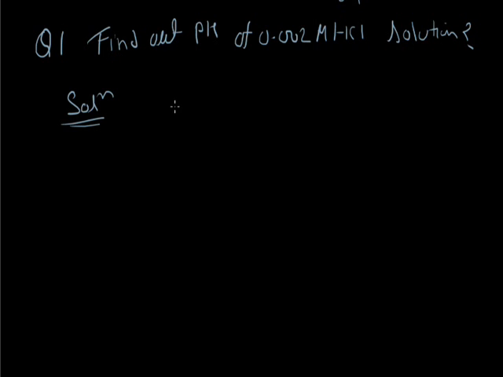First, what is the meaning of 0.002 molar HCl? The meaning of 0.002 molar is 2 into 10 to the minus 3. Okay, we can say that 0.002 molar HCl means 2 into 10 to the minus 3 molar. Yes, I can write this.